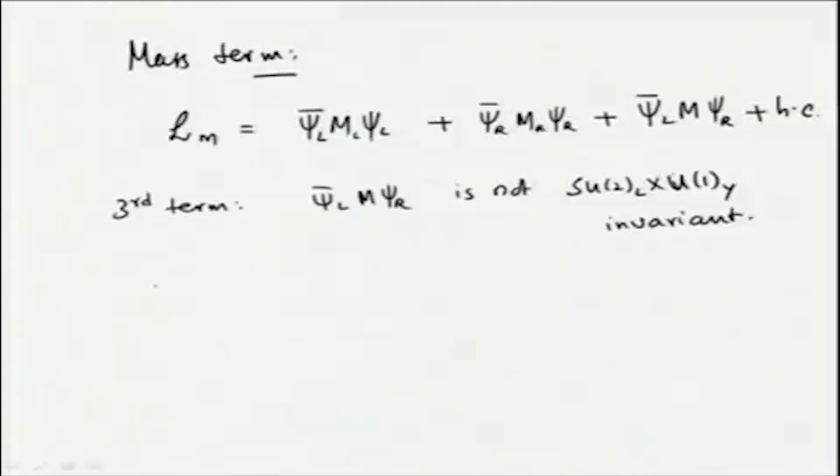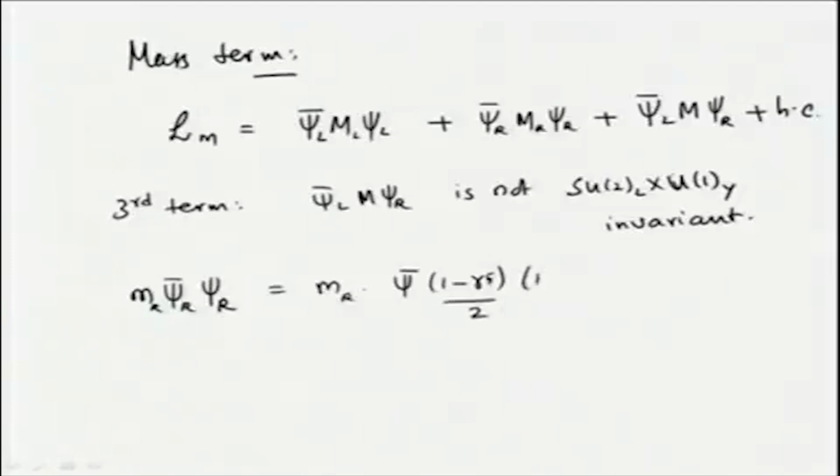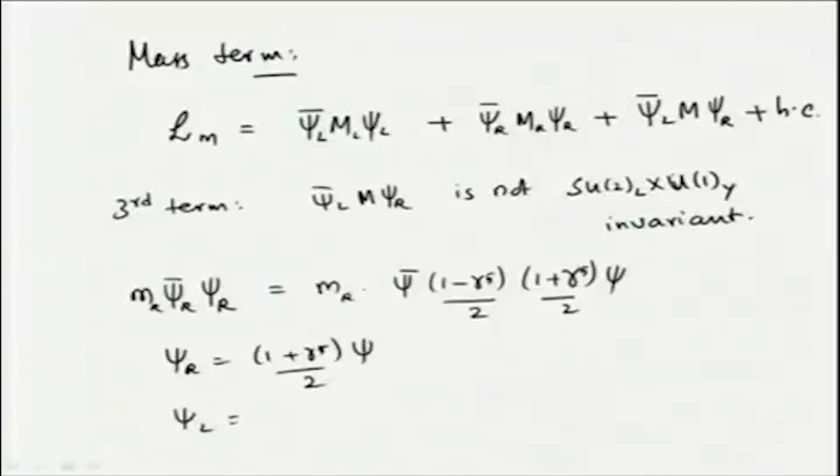What about the other term? Let us look at first psi R bar M_R psi R. So, let me write it as M_R psi R bar psi R. This is equal to whatever M is, psi bar (1 minus gamma 5)/2 (1 plus gamma 5)/2 psi, for psi R is equal to (1 plus gamma 5)/2 psi and psi L is equal to (1 minus gamma 5)/2 psi.